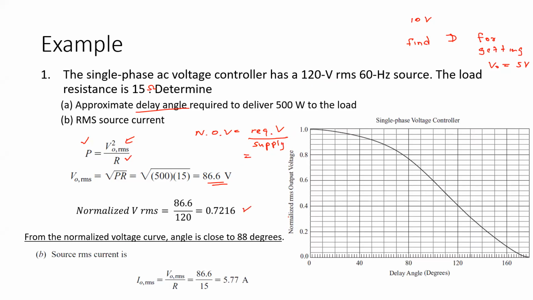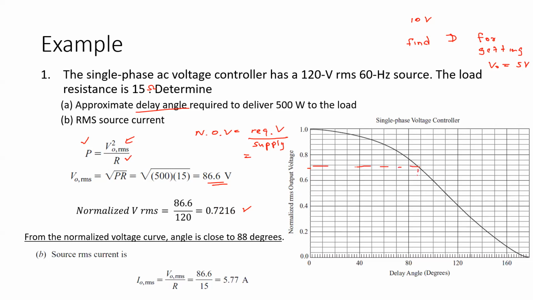So we have our curve here, and we are going to find where 0.7216 is placed. If you consider here, this is 0.7, so 0.7216 will be something here. If we draw the line here, it comes to somewhere here, right?